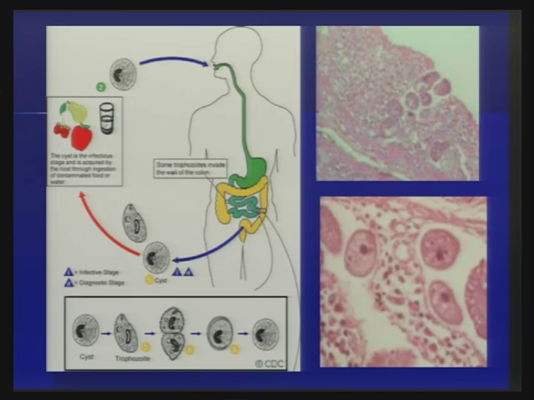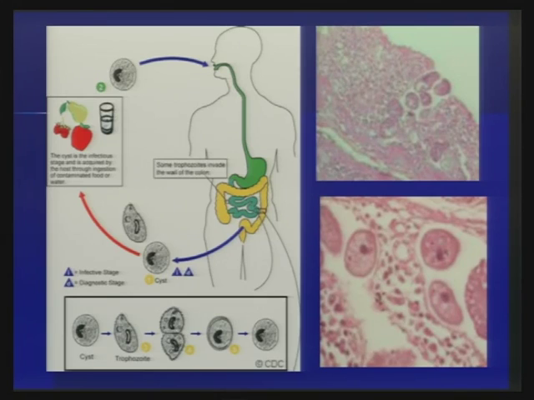So colitis occurs, of course, because of the invasion of which stage? Cyst or trophozoite? Trophozoite. Yes, very good. Only trophozoite can cause the invasive action, not the cyst. Cyst is used only for transmission.